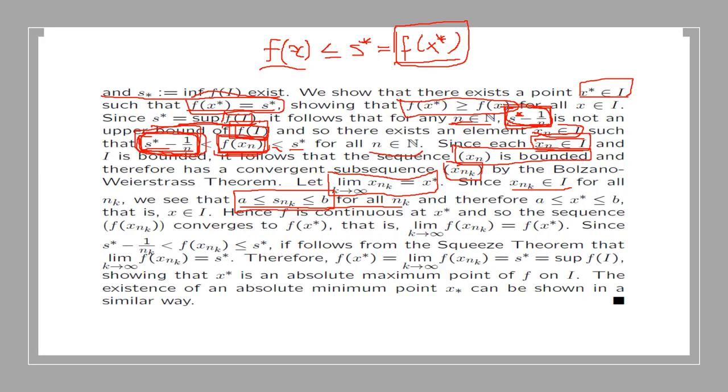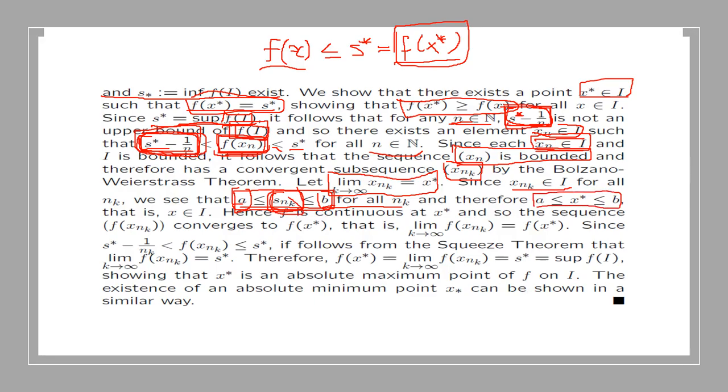And if you take the limit of this sequence, you get x star. Take the limit, assume these are constant sequences: the limit here will be A, the limit here will be B, the limit here will be x star. So you end up with the fact that x star lies between A and B, right?